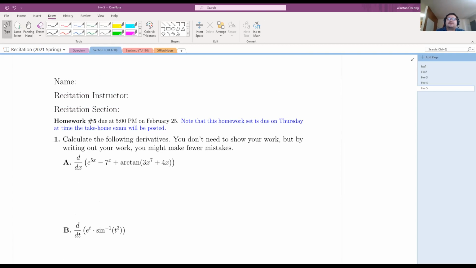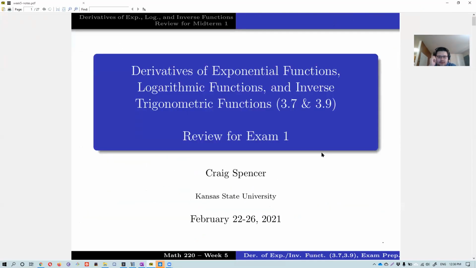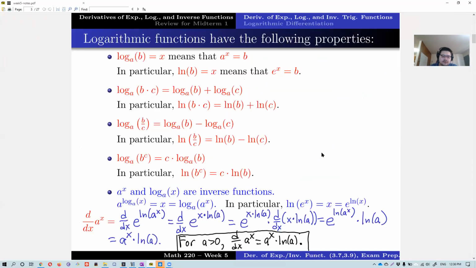Let's see if this is written in any nice way. Okay, first let me flash this onto the screen. These are in the slides. And what I want to mention is these logarithm properties.